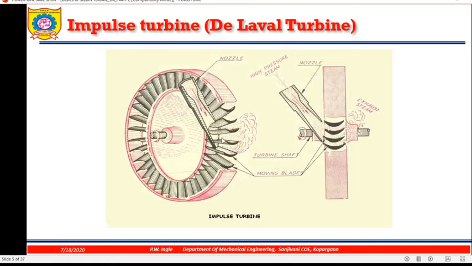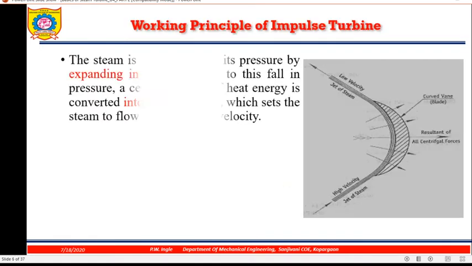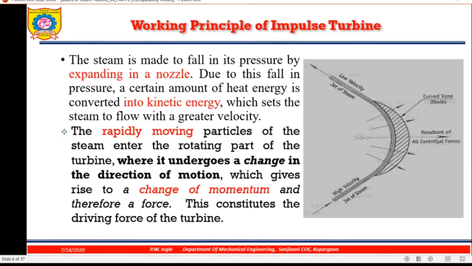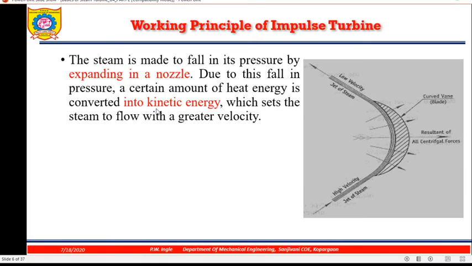Then the steam will flow over the surface of plates. I will just explain how it works. First of all, steam is made to fall in its pressure by expanding in the nozzle, so pressure energy or heat energy is converted into kinetic energy. Here you see a high velocity jet of steam enters, and here you get a low velocity jet of steam.